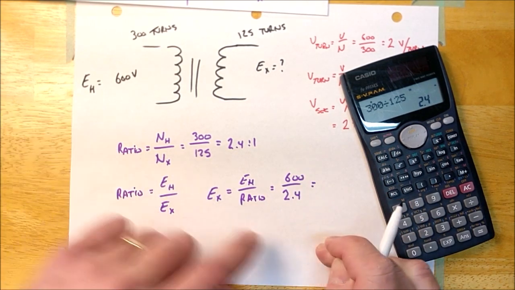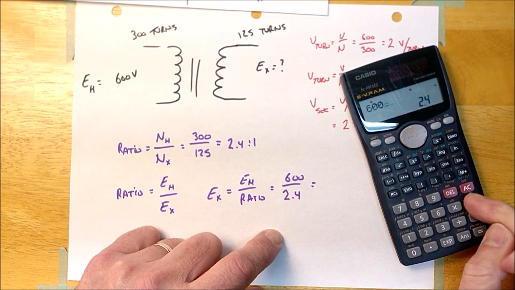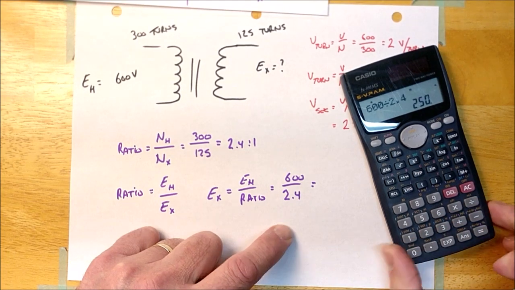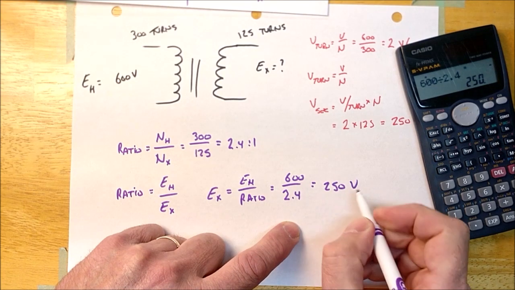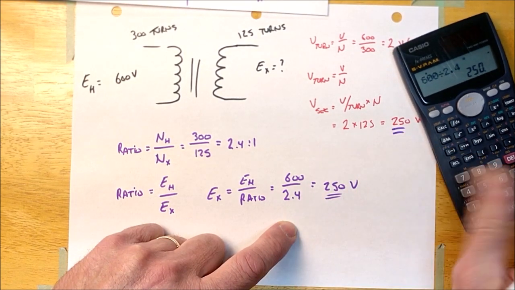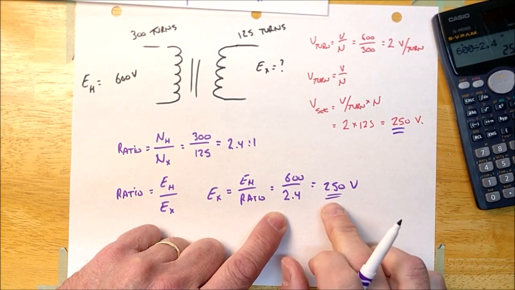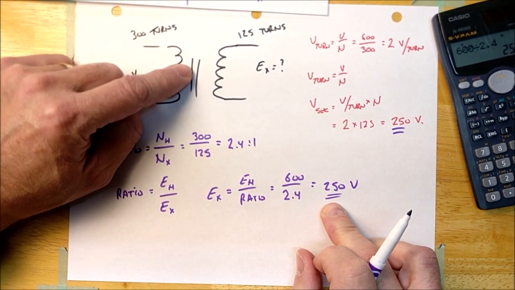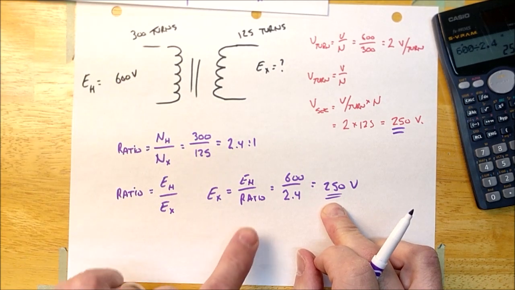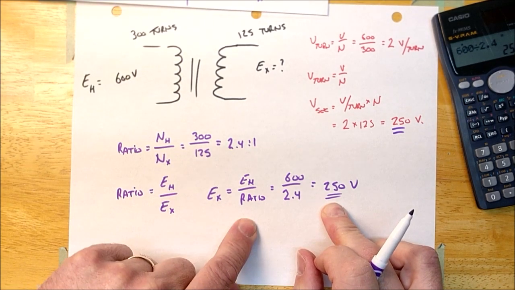Okay, guys, so if I go 600 divided by 2.4 equals, I get 250 volts, okay, guys, on the secondary. So what I'm trying to show you here is that if you can calculate the ratio of the transformer, guys, you can calculate the voltages on the transformer as well.